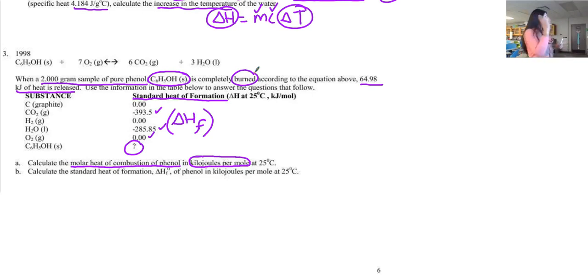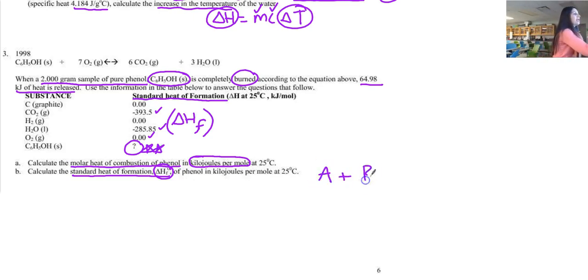Okay, letter B. Now it says, calculate the standard heat of formation. They want to know the delta HF of phenol. In other words, they want you to figure this out. You're basically going to use X just like we talked about before, like A plus B yields C plus D. I already know oxygen is a gas.